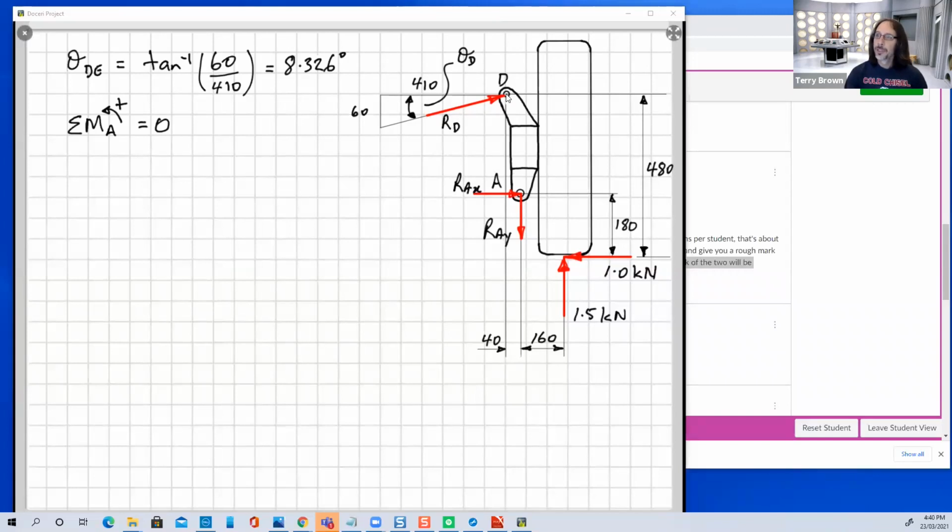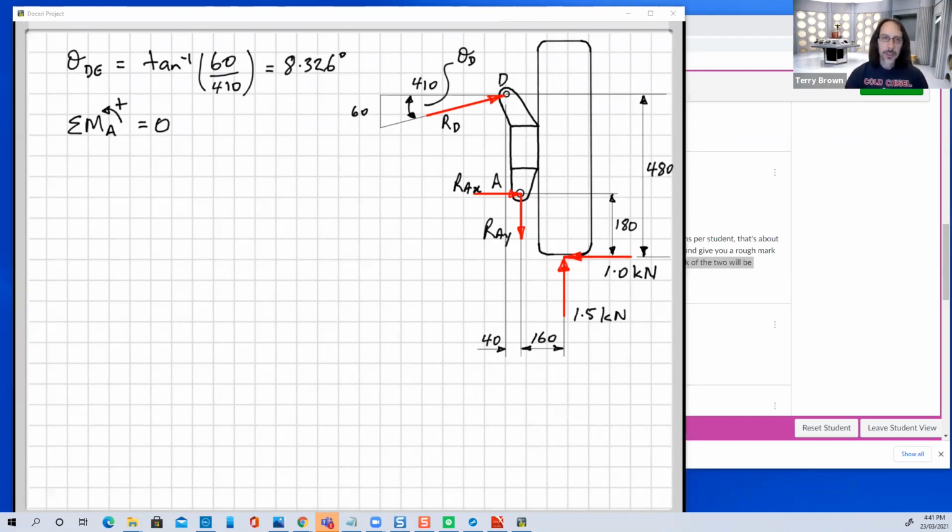If I chose to take moments about point D, which is not wrong. I think there was a question before, someone said they chose the wrong point to take moments about. All that does is just make it take a little bit longer to do your solution.